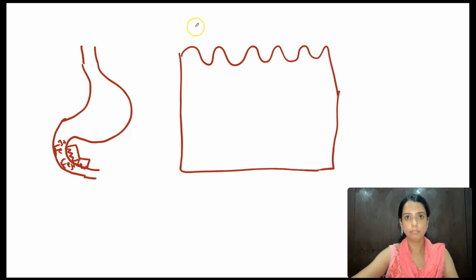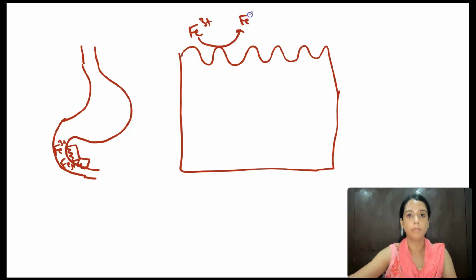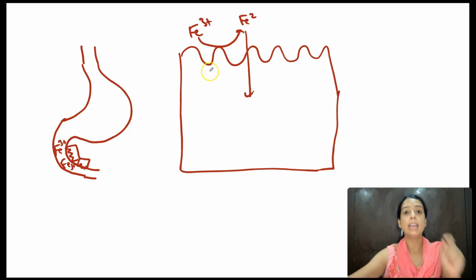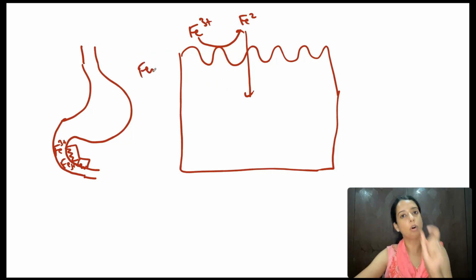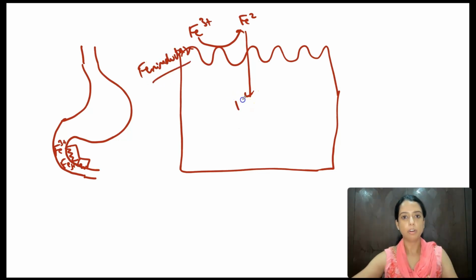So in the lumen we have ferric form, but it has to be reduced, it has to be converted into the ferrous form for absorption. That is done by ferrireductase. So ferrireductase enzyme is located in the epithelium of the intestine. So it is absorbed in form of ferrous iron.